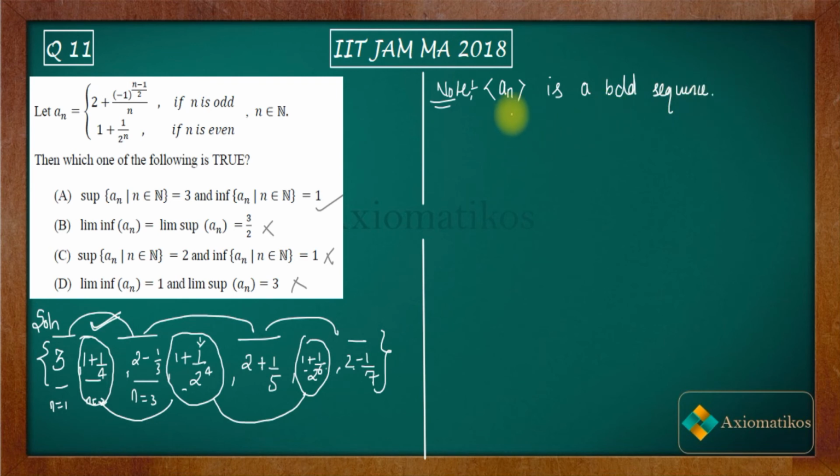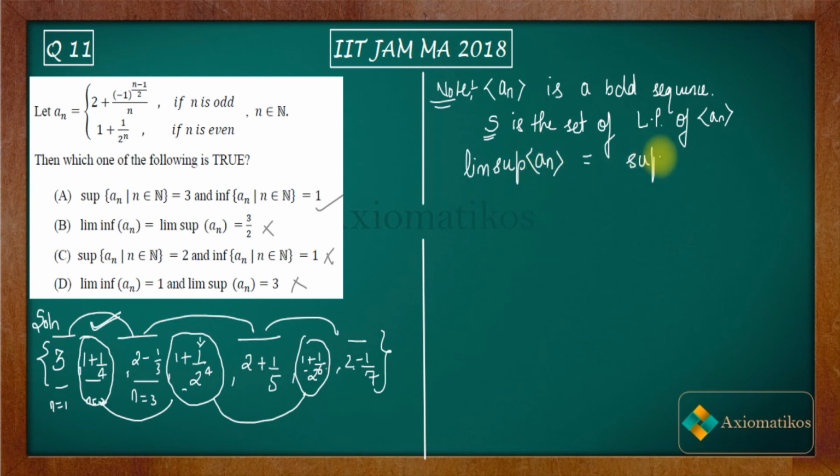Let S be the set of limit points of an. I am considering this set S as the set of limit points of an. Then lim sup of an is defined as the supremum of S, and lim inf of an is defined as the infimum of this set S.